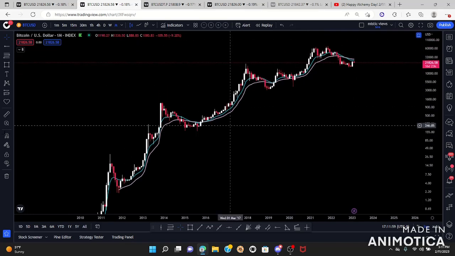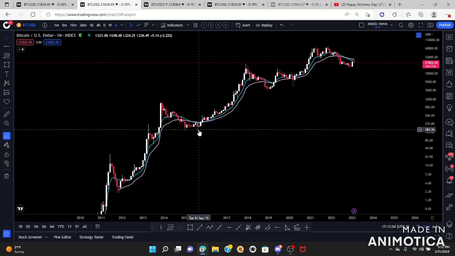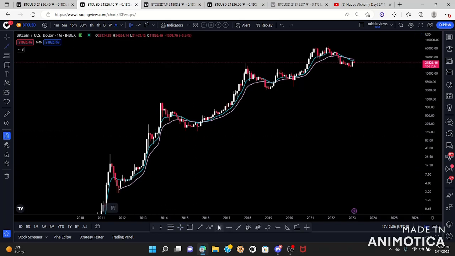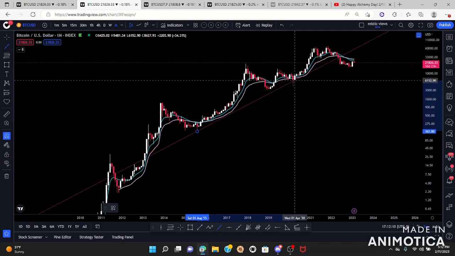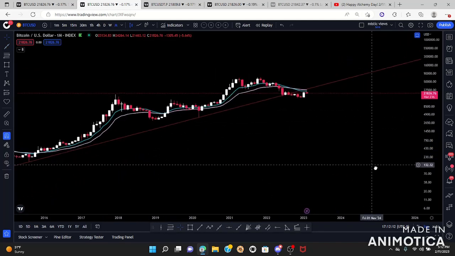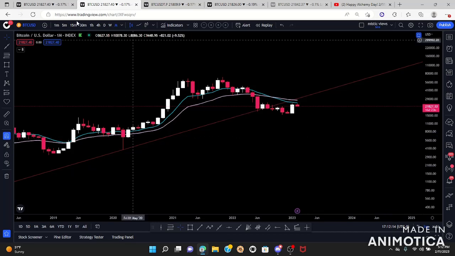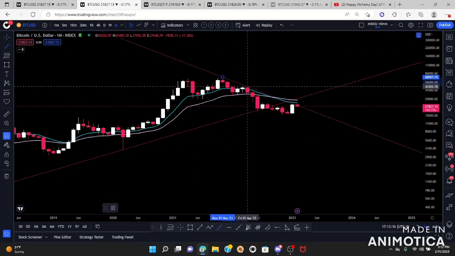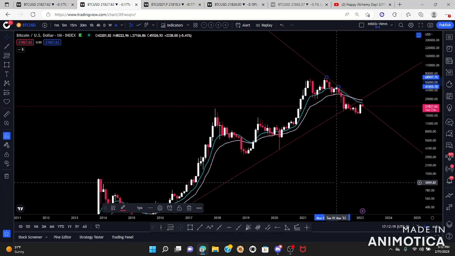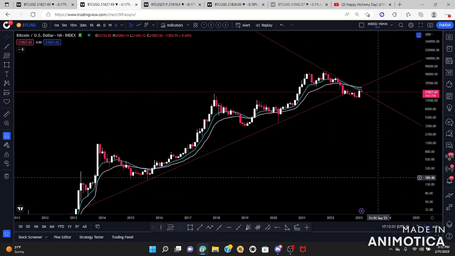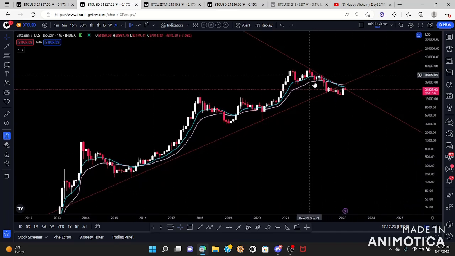Within the monthly, we're going to turn on our magnet. We're going to do some monthly trend lines. One touch, two touches. Just looking at the monthly chart, we could see that this support was broken down.